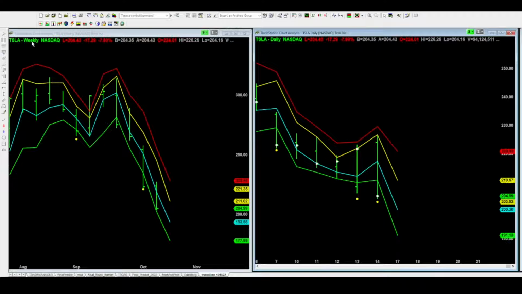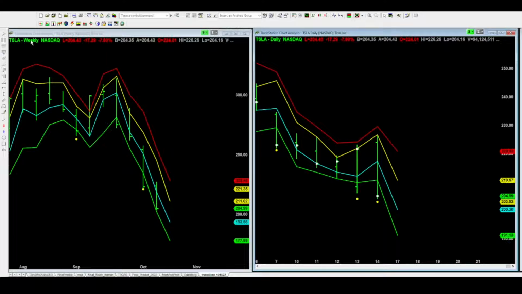If this is a weekly chart, each vertical bar is one week's price fluctuation, and each trend line represents a target high or low.